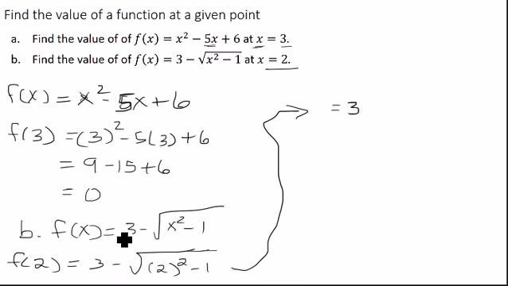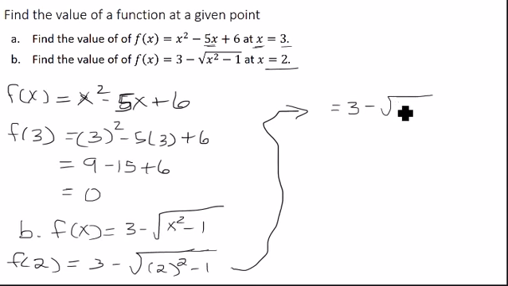So that's going to be equal to 3, and don't think about distributing the minus inside here yet, because the square root is not going to allow you to do that. So we're going to have to simplify this. So the square root here is acting as if a parenthesis is there.